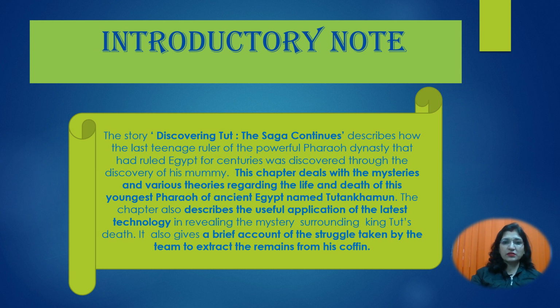This chapter deals with the mysteries and various theories regarding the life and death of this youngest pharaoh of ancient Egypt named Tutankhamun. The chapter also describes the useful application of the latest technology in revealing the mystery surrounding King Tut's death. It also gives a brief account of the struggle taken by the team to extract the remains from his coffin.